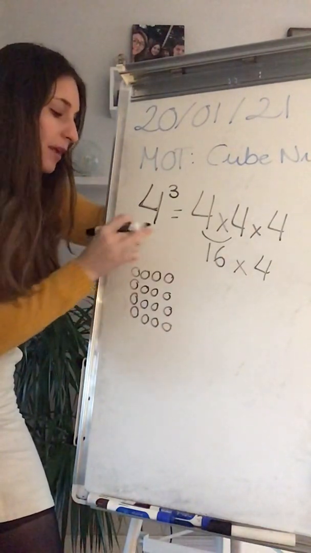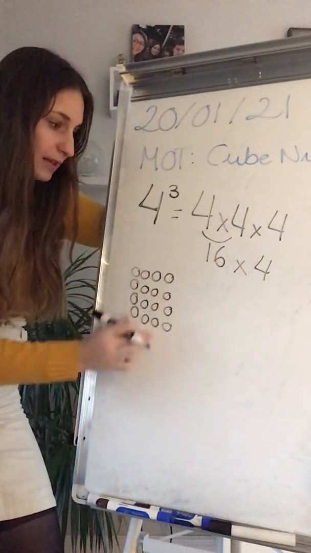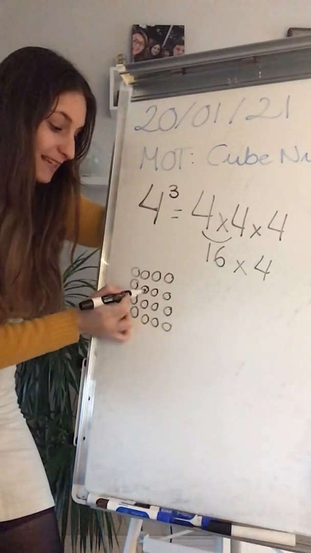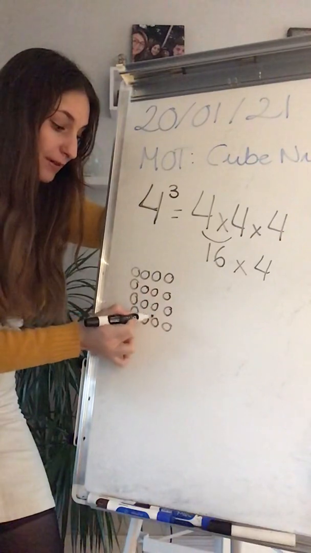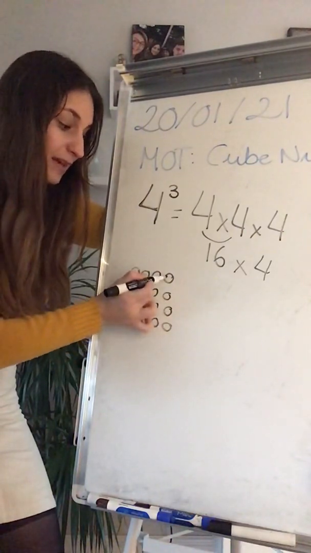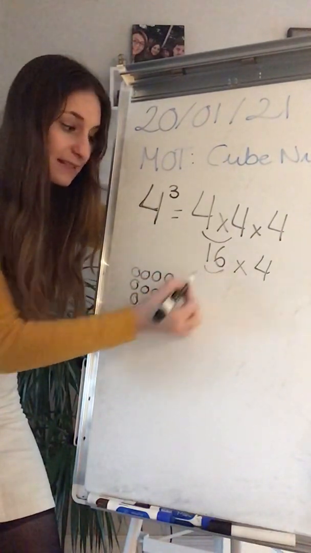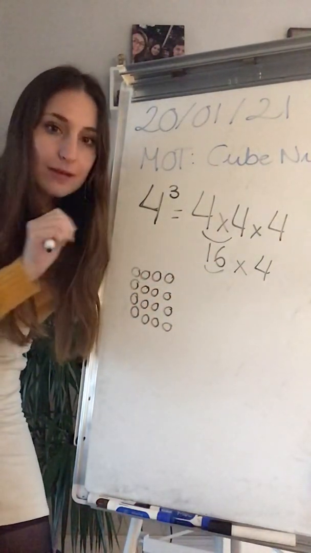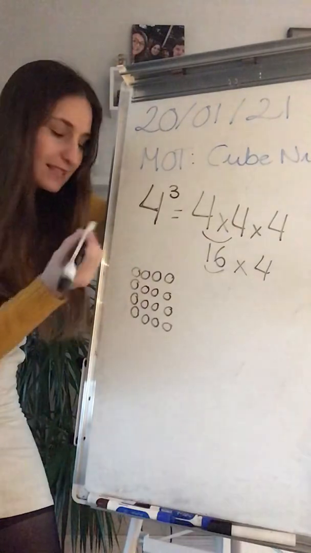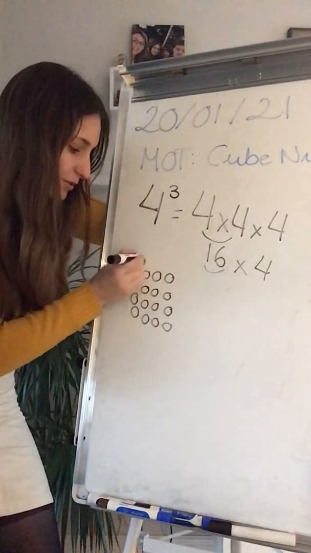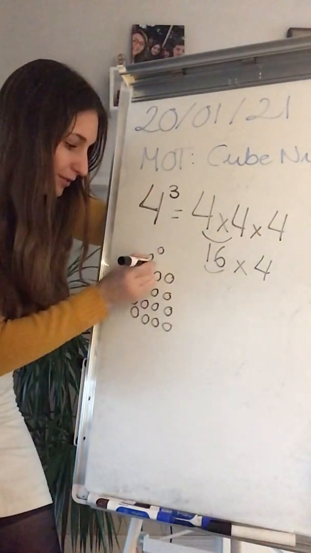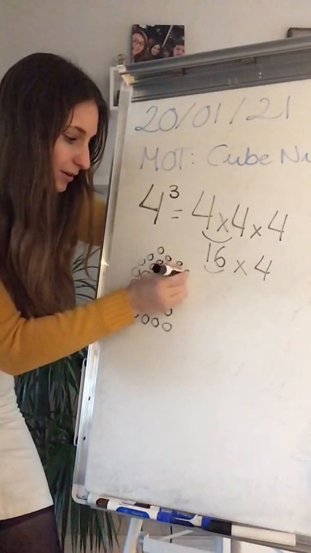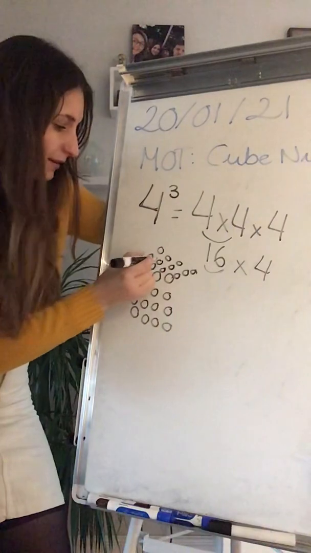Now how many of these do I have? I have 1, 2, 3, 4, 5, 6, 7, 8, 9, 10, 11, 12, 13, 14, 15, 16. I have 16. I have 16, 4 times more.